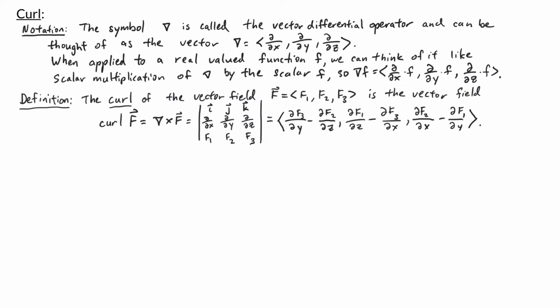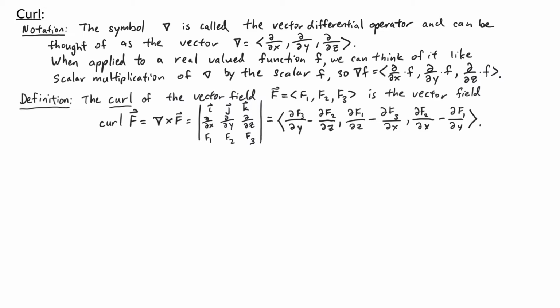We define the curl of the vector field f with components f1, f2, f3 to be the following vector field. The curl of f is equal to the del operator cross f. To compute this cross product, we calculate the determinant of i, j, k, partial with respect to x, partial with respect to y, partial with respect to z, and then f1, f2, f3.